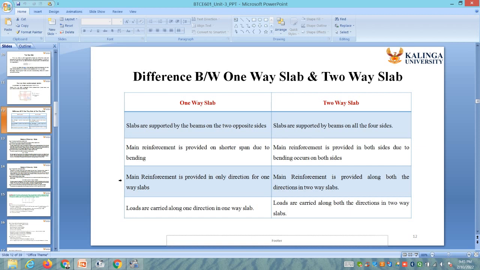Now, in practice, generally, this aspect ratio is not considered. Means importance to this aspect ratio is not been given. Designers never give that much importance to this ratio.